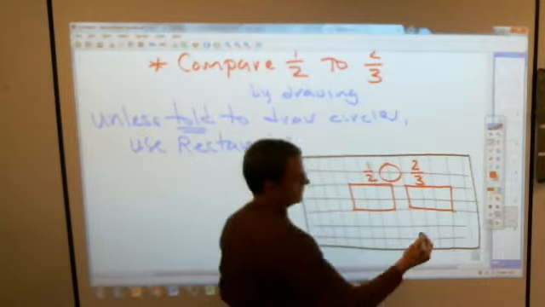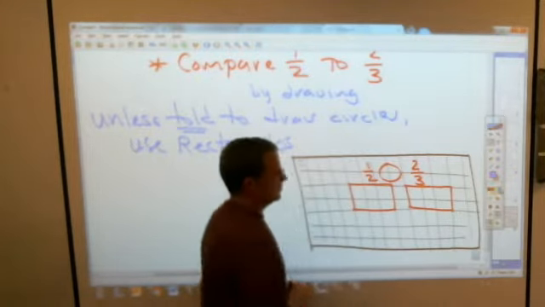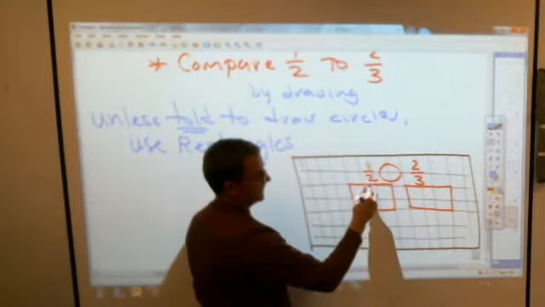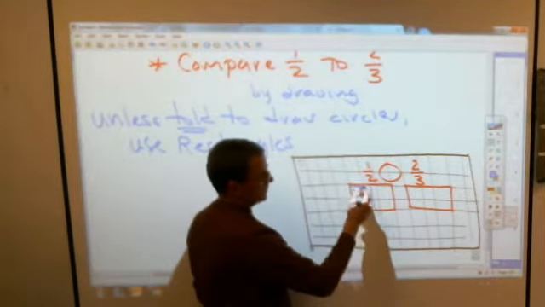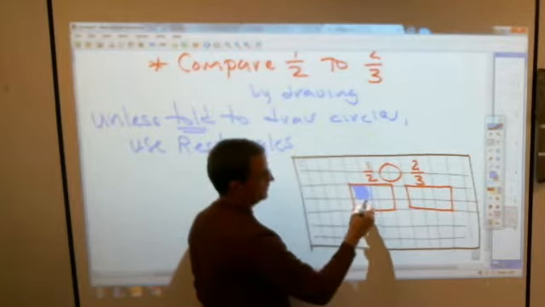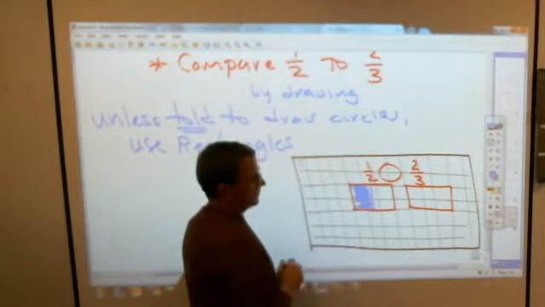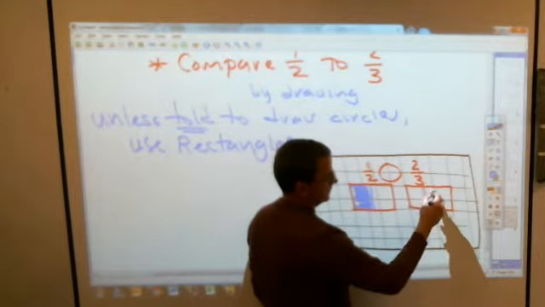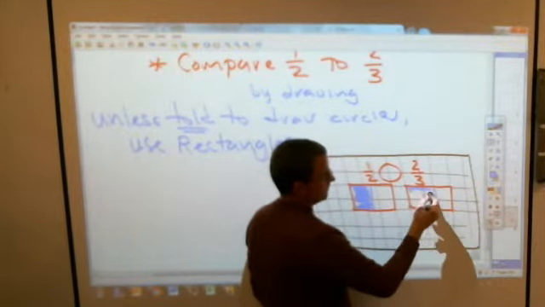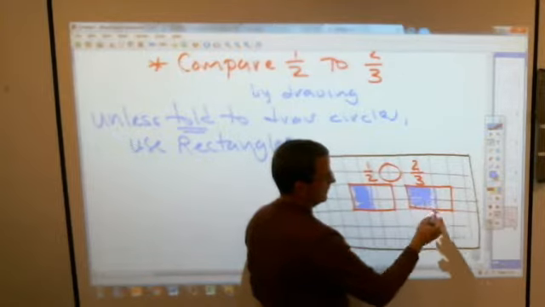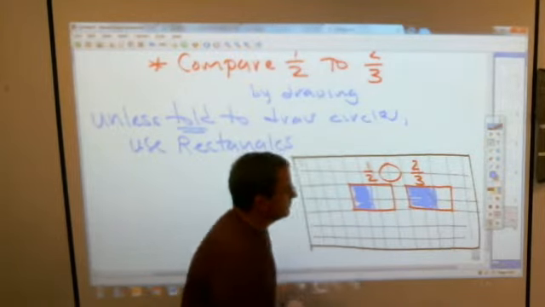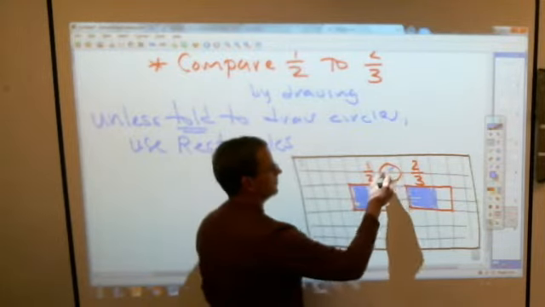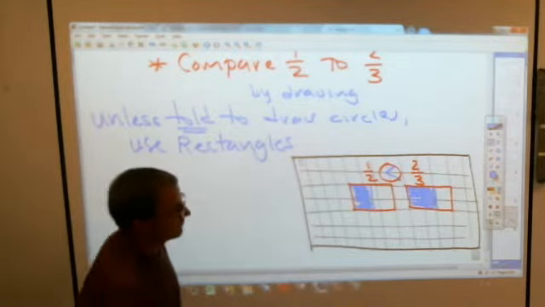Yours will be a lot closer because you have exact squares. I'm comparing 1/2 to 2/3, so I cut this one in half and shade half of it because that's 1/2. This one I cut into thirds, and I shade 2 of them, so I shade 2/3. Then you can see which one has more shaded: 2/3, so it's the bigger fraction. Okay?